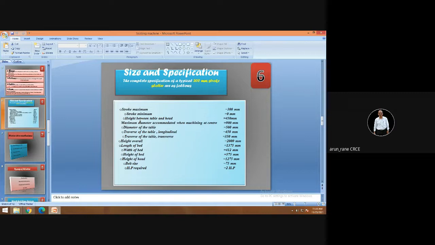Suppose I want to do a keyway of 320 millimeter, that is not possible in a 1 feet slotter, because in a 1 feet slotter you can do a keyway of only 300 millimeter.